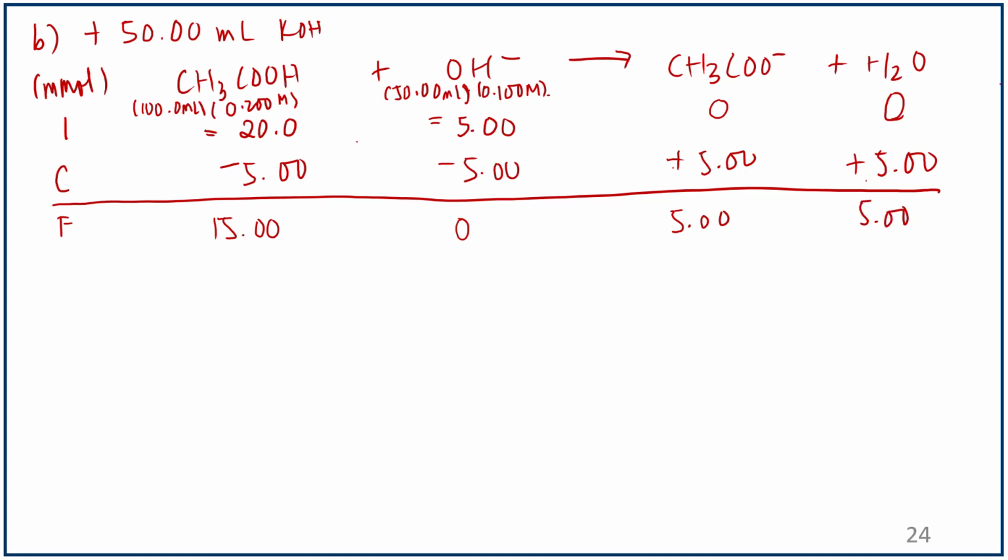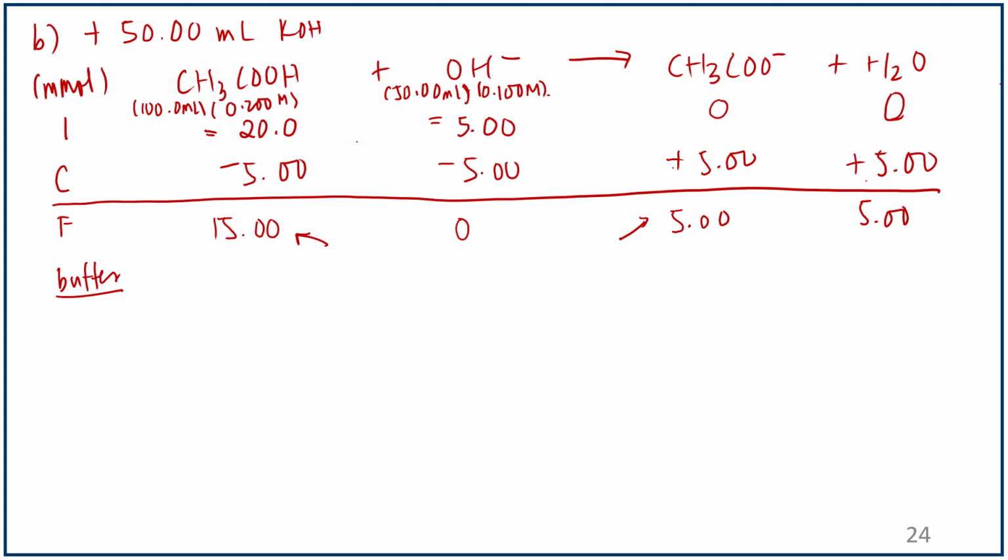Since we have a buffer, we have the number of millimoles of acetic acid, the number of millimoles of acetate ions, and a total volume of the solution. We can determine therefore what the pH of the solution is from the Henderson-Hasselbalch equation.